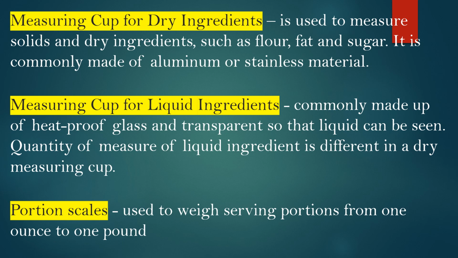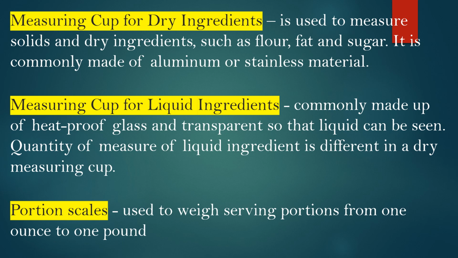Okay, measuring cup for liquid ingredients, it is commonly made of heat-proof glass and transparent so that the liquid can be seen. So the quantity of measure of liquid ingredients is different in a dry measuring cup. Okay, next, portion scales.